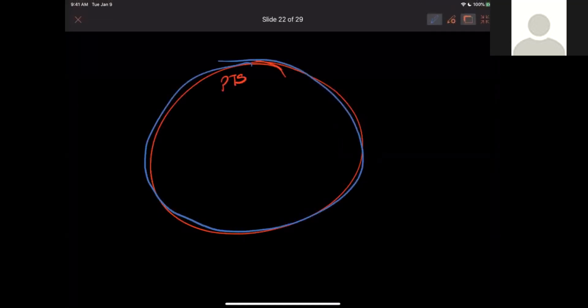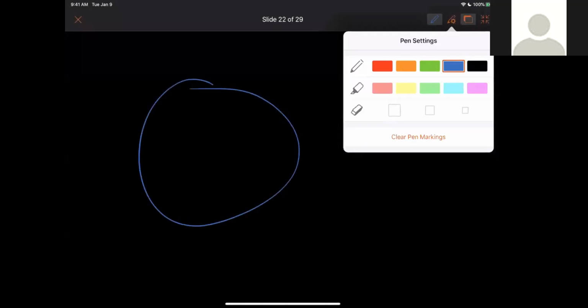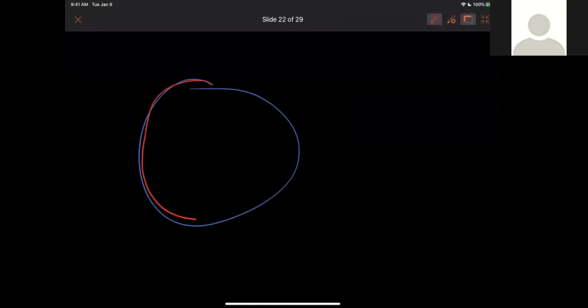The blue circle on top of the red circle means, if we have these two overlapping, that our post-traumatic stress and our measure overlap really well.